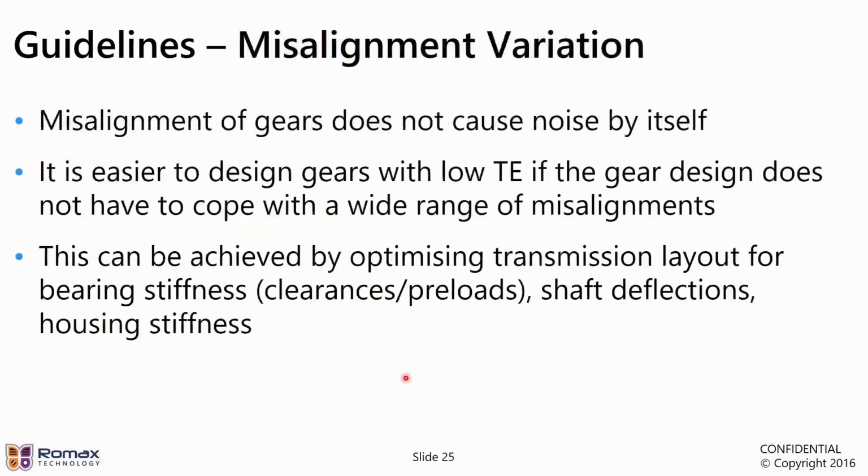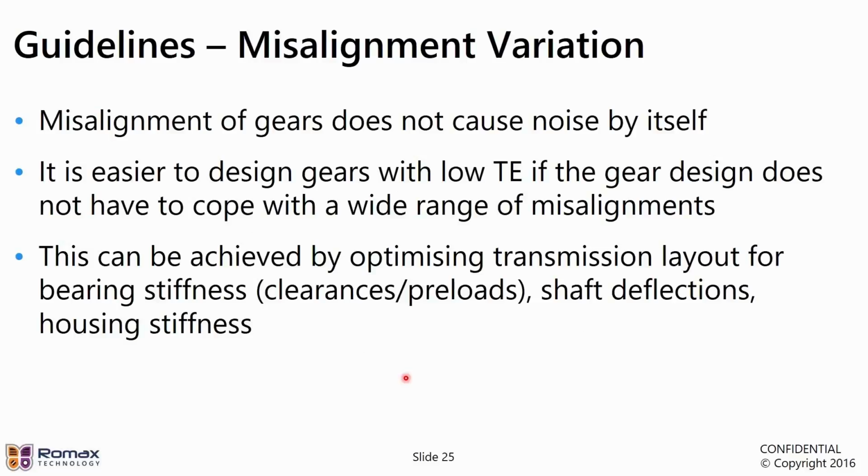So I mentioned misalignment variation. Now, misalignment in itself does not cause gear whine, but we know transmission error is affected by misalignment. And in fact, it turns out that it's a lot easier to design gears with low transmission error if we don't have to cope with a wide range of misalignments. So when a gear goes from, for example, very high reverse loads through very light loads through to very high driving loads, the misalignment will change as we do that.